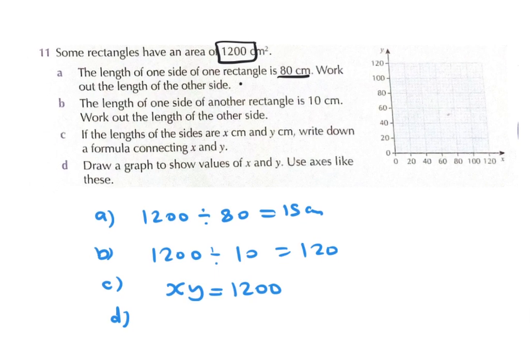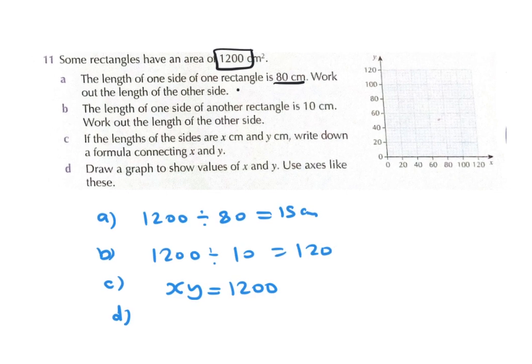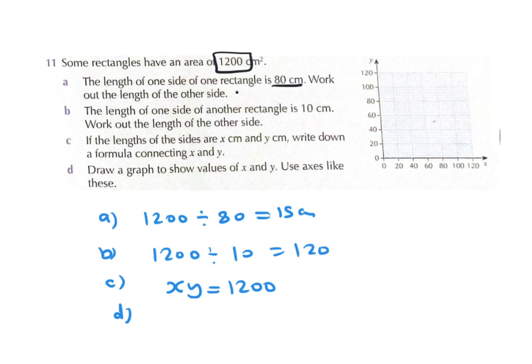Draw a graph to show the values of x and y. Use the axes like that. So now we have points, okay? The first point is 80 and 15.